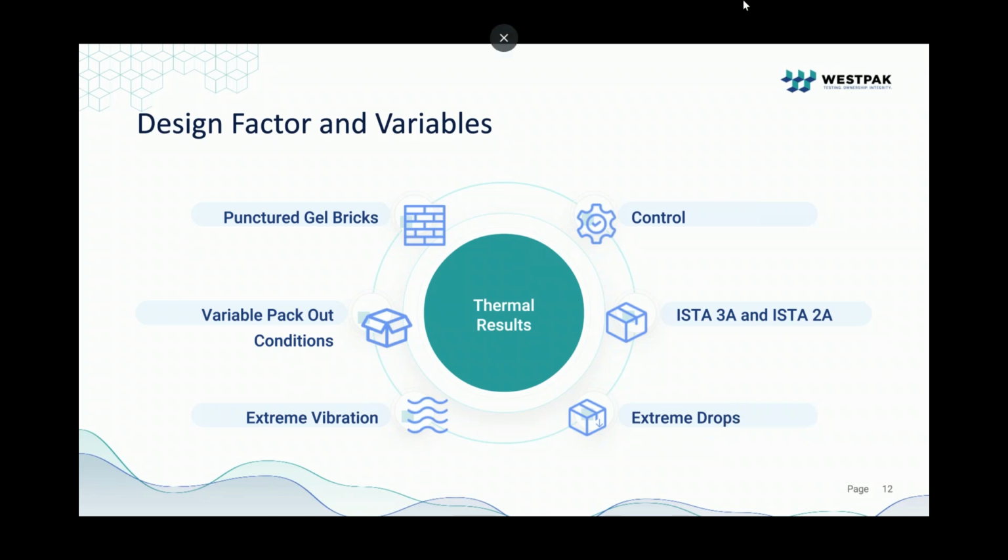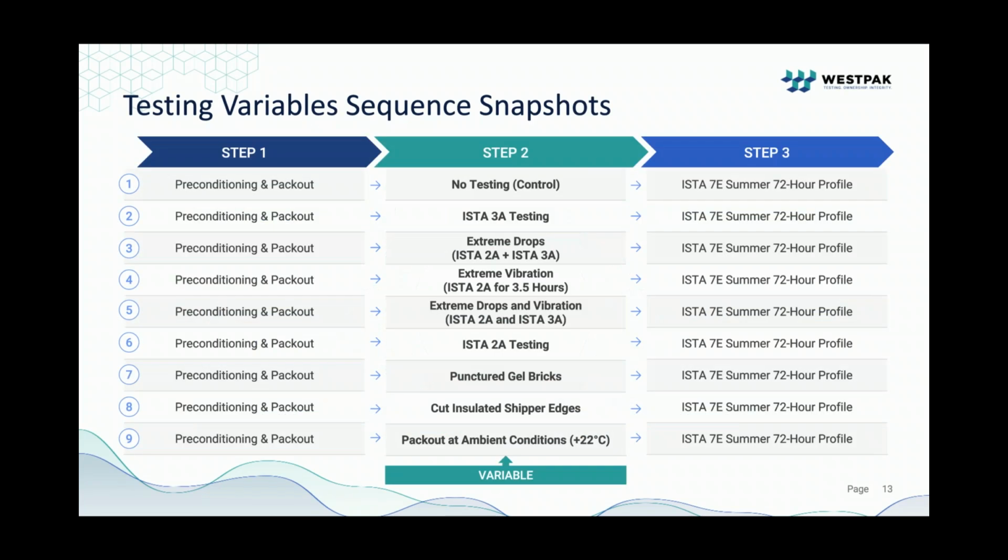The way we did that was, obviously, we had our control variable to compare against. We utilized ISTA 3A and 2A testing, and then varied pack out conditions and extreme conditions of the test inputs called out in the standards that we tested to, as well as some other fun stuff.